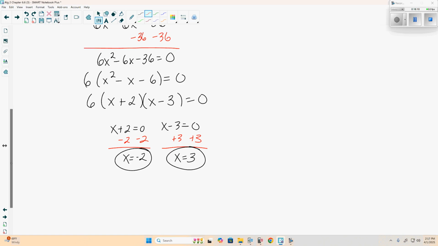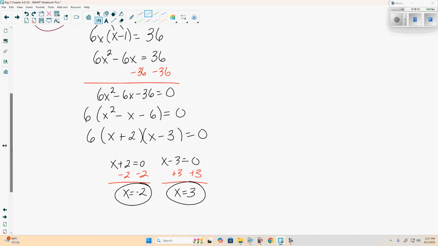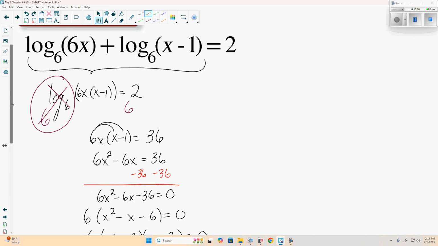Which one are we most likely going to throw out? Negative 2. Because if we look back at this here, 6 times negative 2 is going to be negative 12. There's nothing that's going to fix that negative. Because if it was 6x squared, it would fix that negative, because a square is going to make it positive.